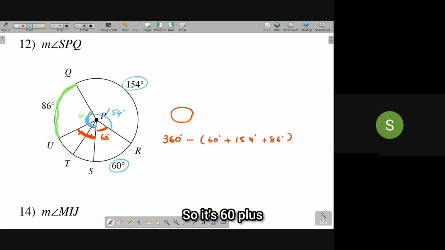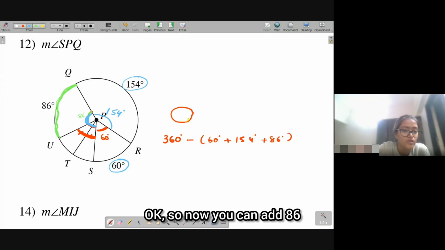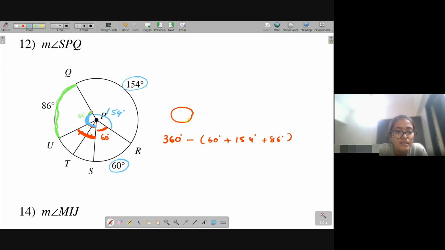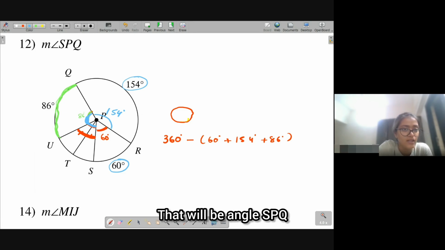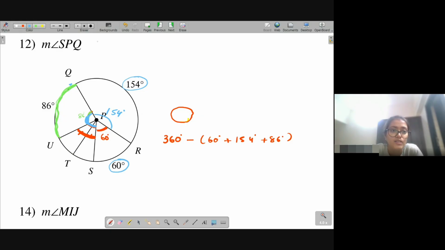So it's 60 plus 86 plus 84. So there'll just be 60. Okay, so now you can add 86 and 60. That will be angle SPQ. So 86 plus 60, 146. So that will be the answer.